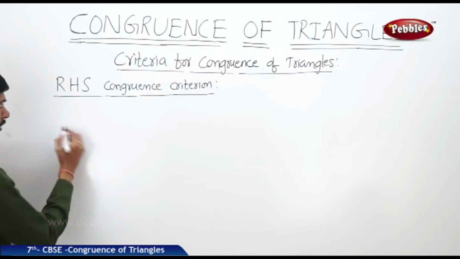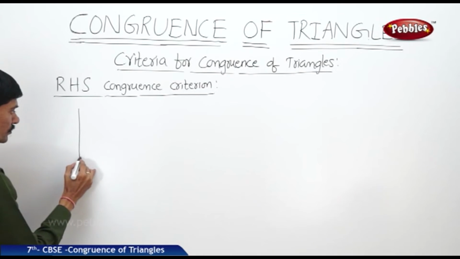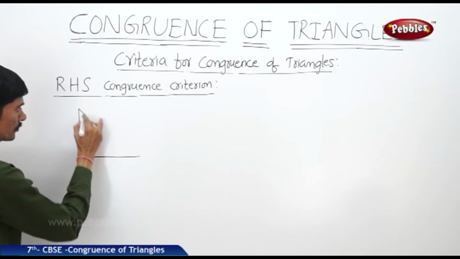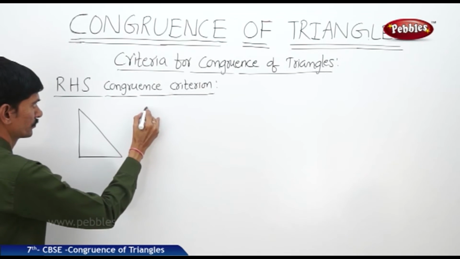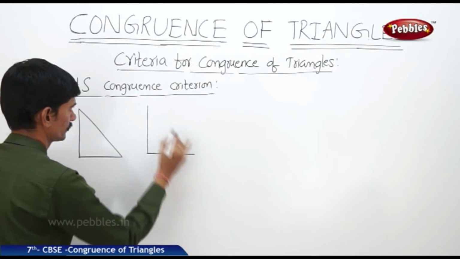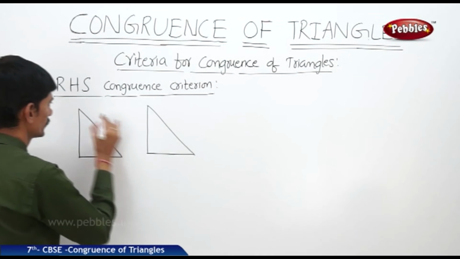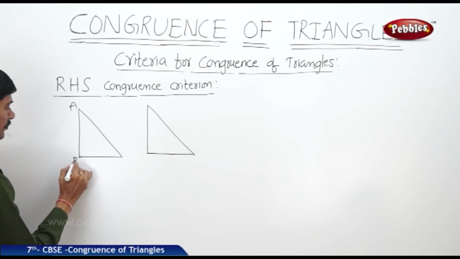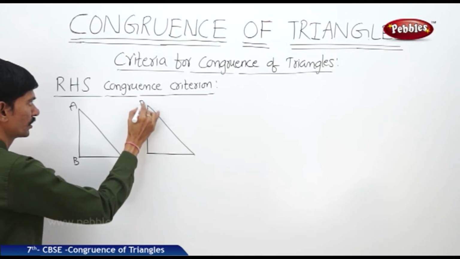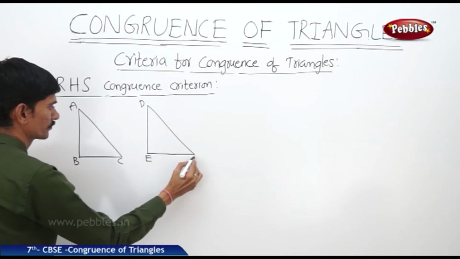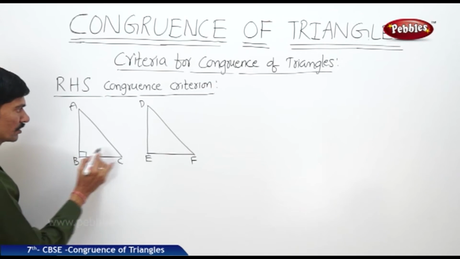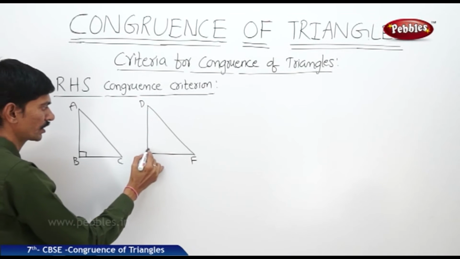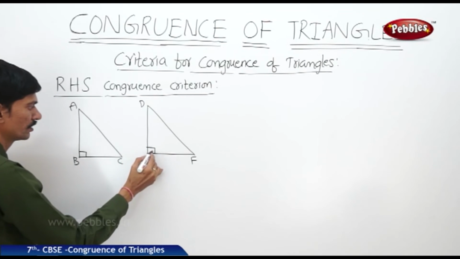Now consider the two right angle triangles, triangle ABC and triangle DEF. In triangle ABC, angle B is the right angle, and in triangle DEF, angle E is the right angle.